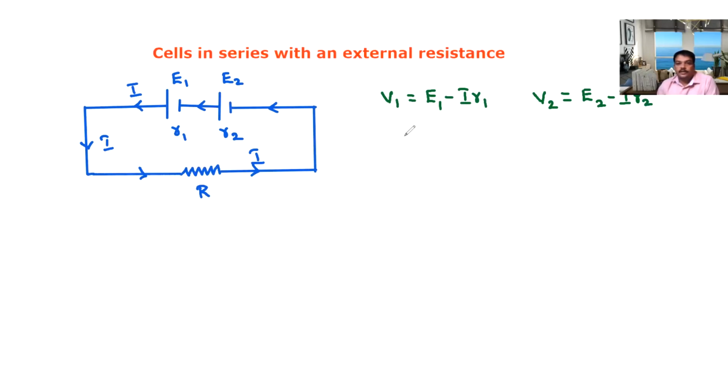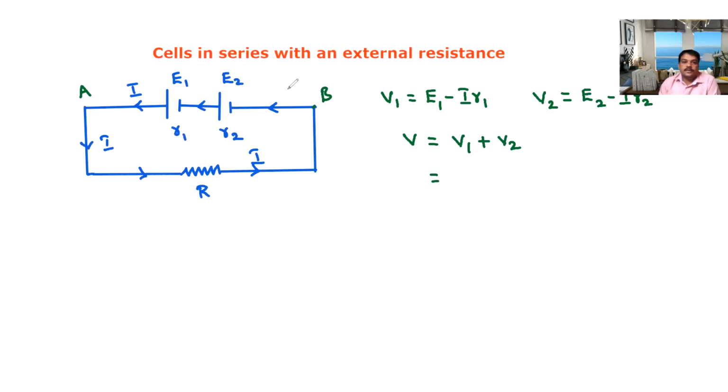Then the terminal voltage across the two cells, across the terminals A and B, is equal to the terminal voltage across the first cell plus across the second cell.